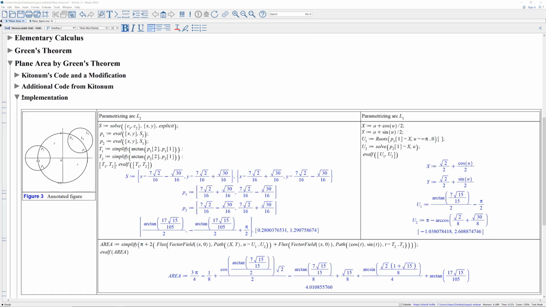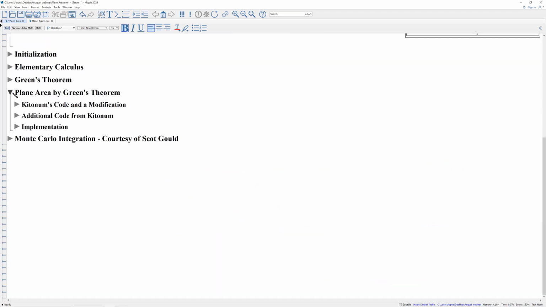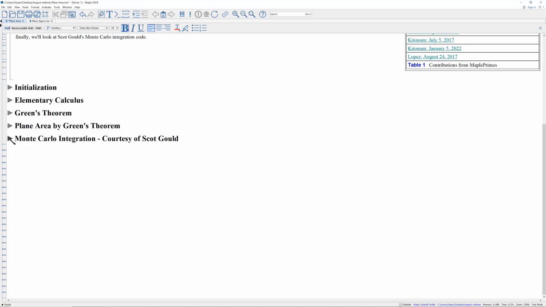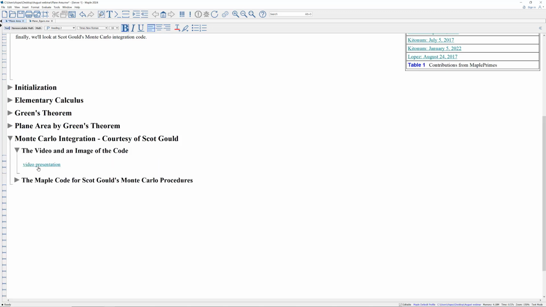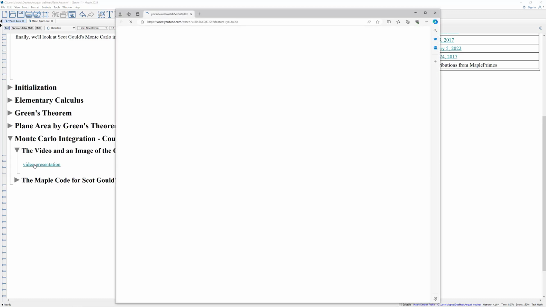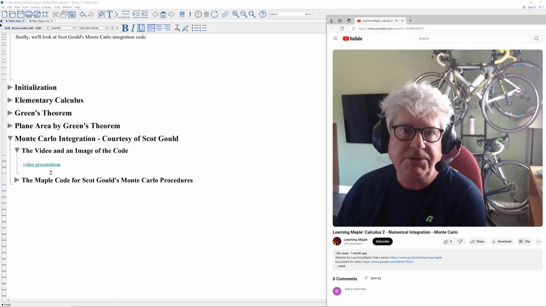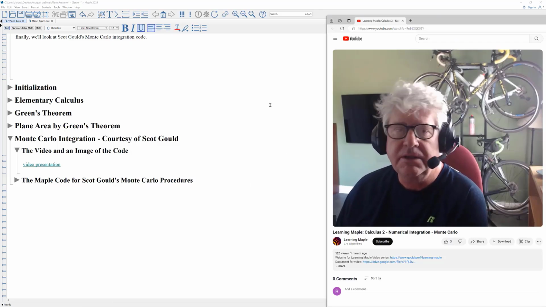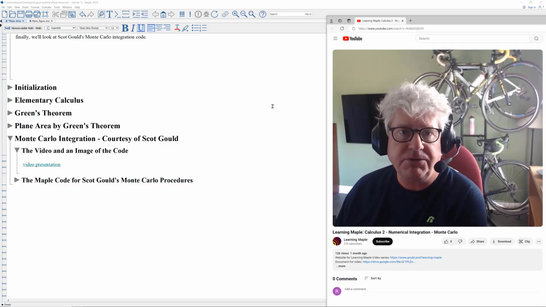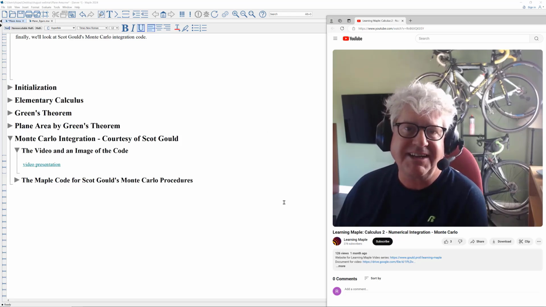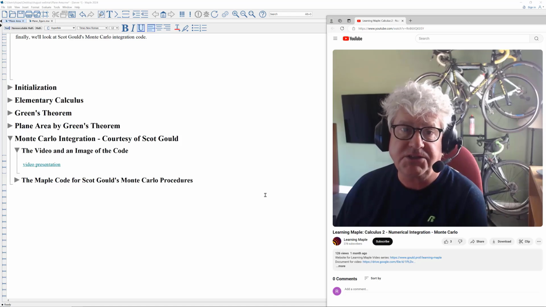We now tackle the Monte Carlo technique. So this link takes us to what we saw earlier, Scott Gould talking about the Monte Carlo technique that he wrote code for.